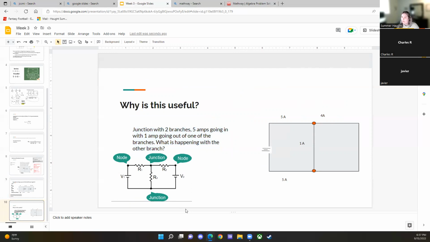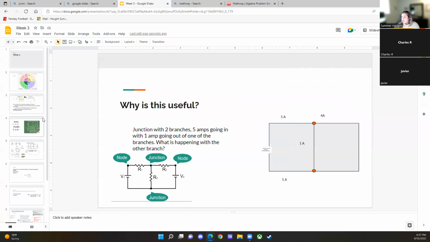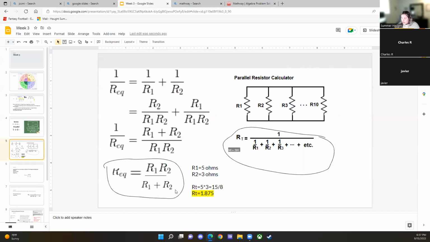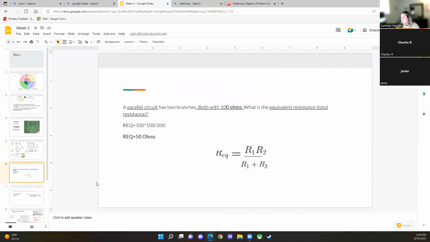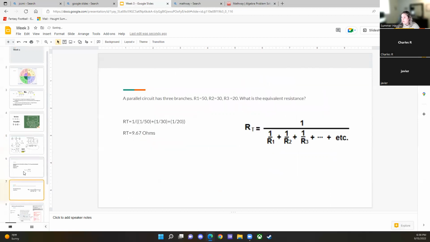So just to recap what we learned. We learned how to use both of these equations to calculate total resistance or equivalent resistance. It's the same thing, so they might use both of those terms in the quiz. Just be mindful that total and equivalent are the same word. We did some examples of that.